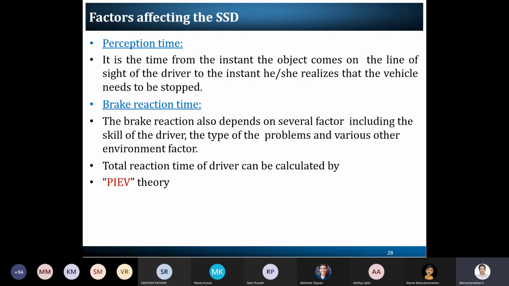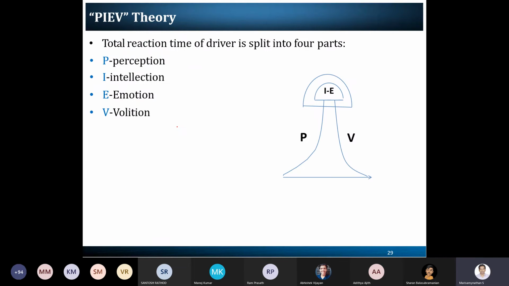This is explained with respect to the PIEV theory. Mostly you might know this PIEV theory, but it is the best way to explain the total reaction time and how perception happens. First, perception is the time required for the sensations received by the eyes or ears; your brain gets the notification that something is going to happen, and the nervous system and spinal cord carry the information to the brain. That takes some seconds.